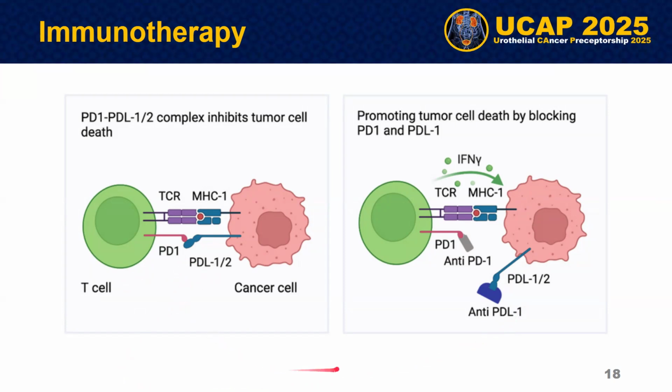So by introducing anti-PD-1 and also anti-PD-L1, we can break this recognition and remind our immune system that, hey, these are not my friends, hence releasing inhibition and leading to cell death.